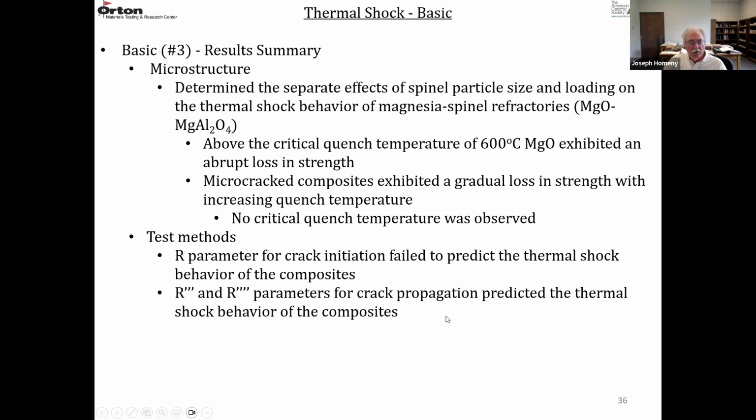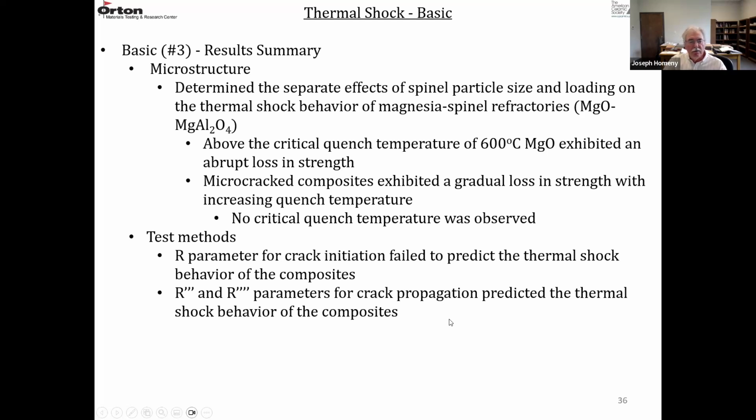So when you're designing a refractory for thermal shock resistance, maybe you're manipulating the microstructure. The simplest thing is just to measure, in the lab, the degradation in a property as a function of some type of quenching experiment.